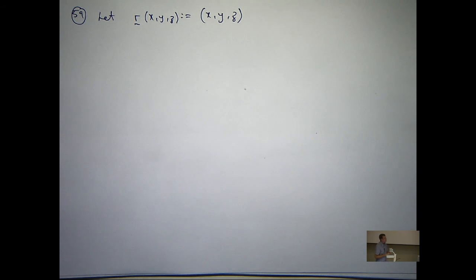Technically it is a vector function because it maps R cubed into R cubed. So you put in a vector, you spit out a vector. But it's just the position vector of what you put in. So it's not a big deal.